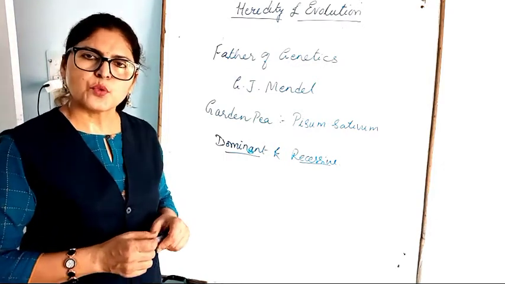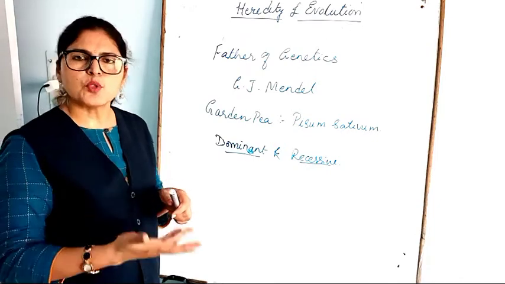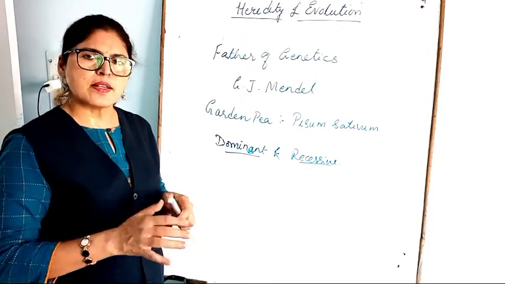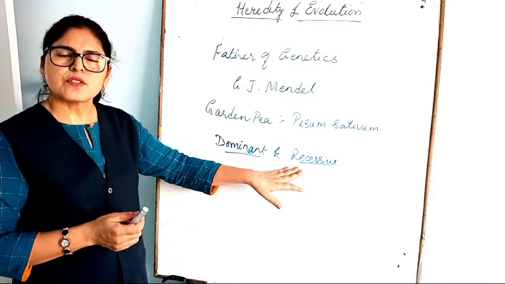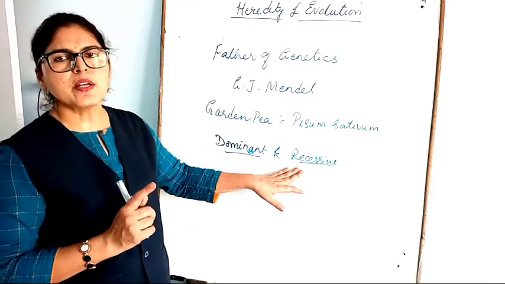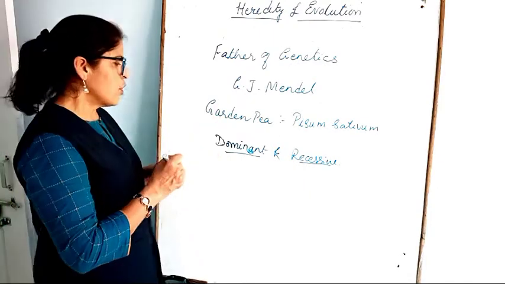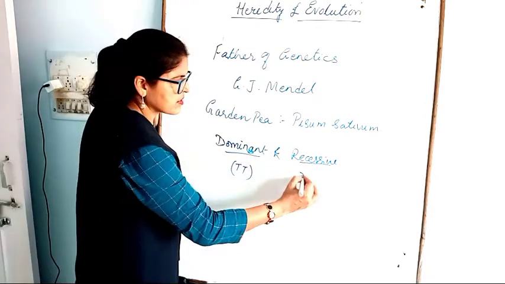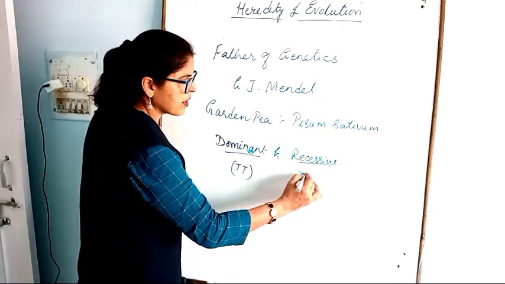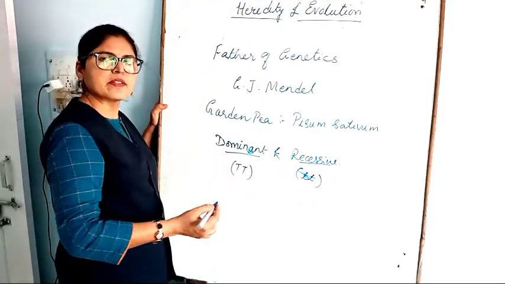Dominant characters are those characters which are able to express themselves in the homozygous form as well as the heterozygous form. Recessive characters are those which can express themselves only in the homozygous form. And one thing you should remember, dominant is always represented by capital letters and recessive is always represented by small letters.